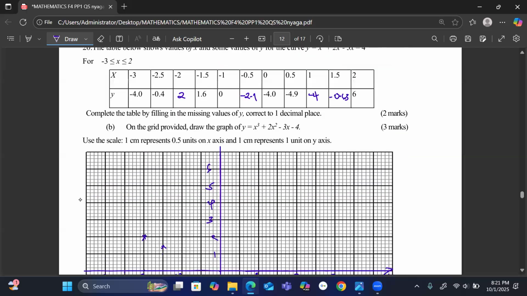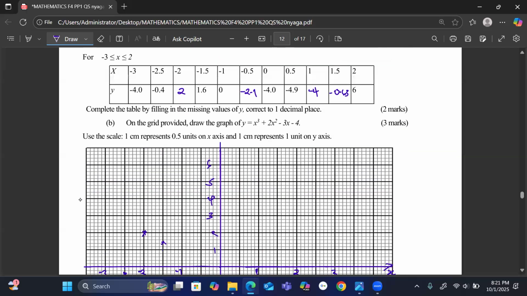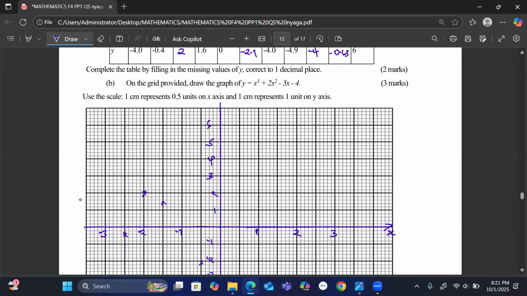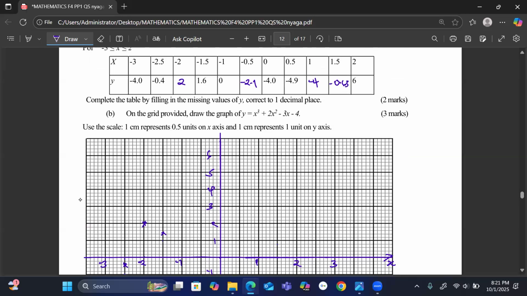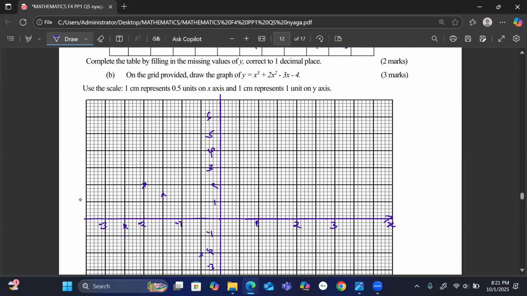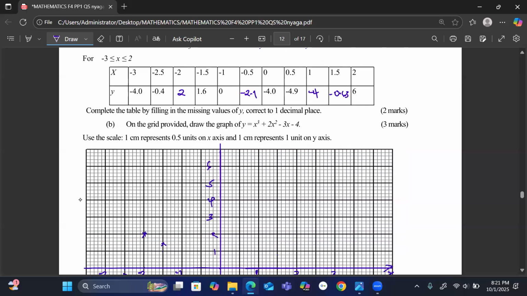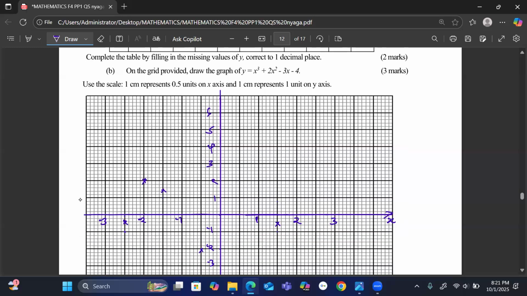And then 1.5, -0.6, sorry, negative 0.6. And then lastly, 2, 6, here.